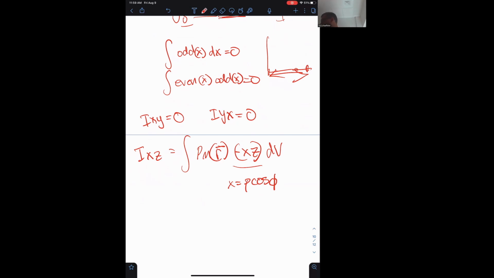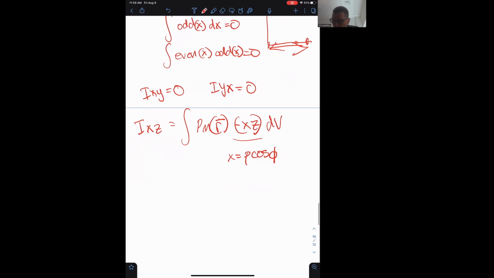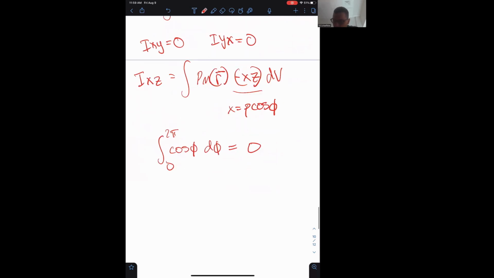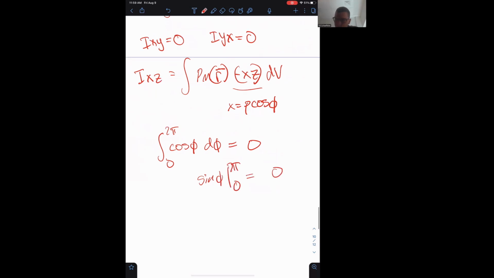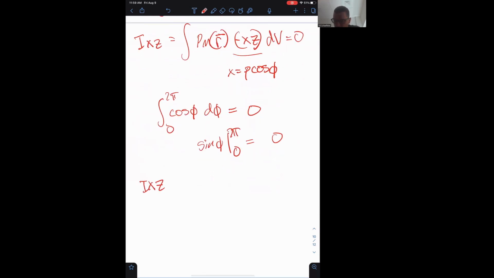Cosine is an even integral, yes, but we're going to see that this integral is actually also still 0, because this integral is just 0, because that's sine phi from 2 pi to 0, which is 0. Okay, so that means that this integral is also 0, which means that Izx is also equal to 0.